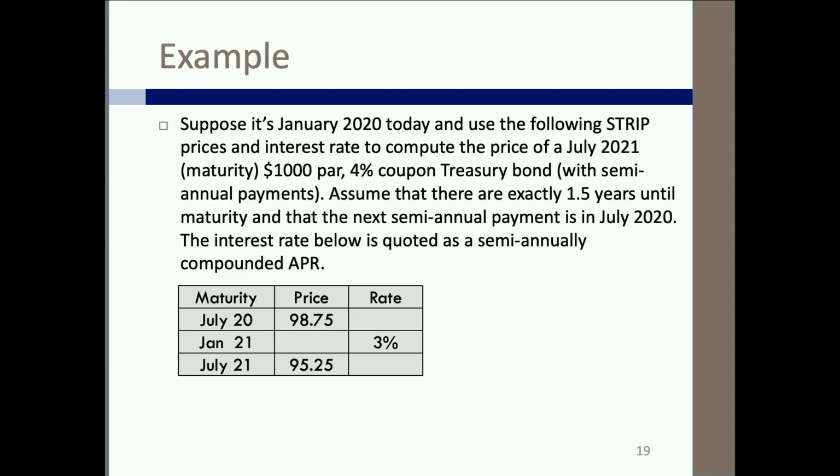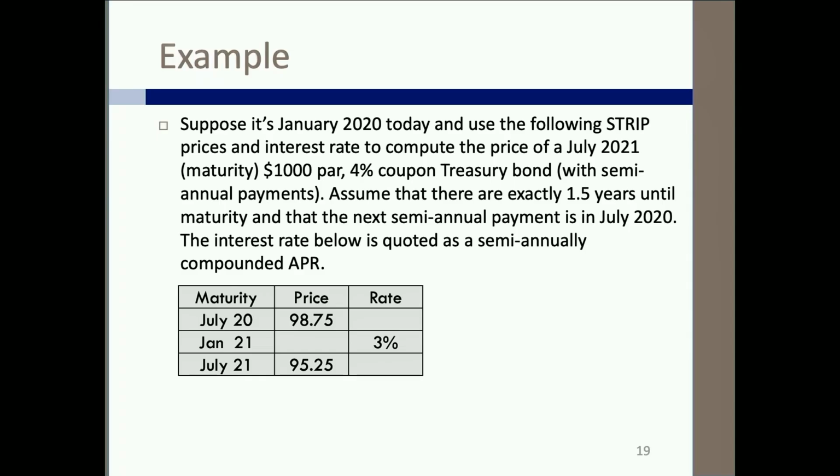Okay, so quickly in your brain, think about what that information about the coupon bond means about the layout of the cash flows. 4% coupon on a $1,000 par value or face value means $40 will be paid per year. Semi-annual payments means $20 every 6 months.